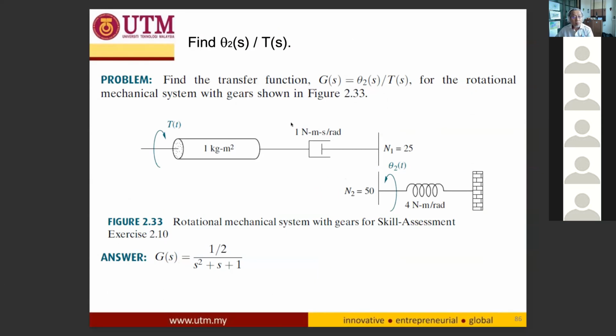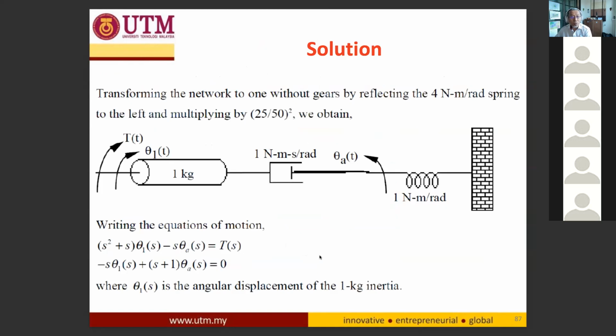There is one example here where you are required to find theta 2 over T for the rotational mechanical system. The answer is given as 0.5 over s squared plus s plus 1, and the solution is shown here. Transforming the network to one without gears by reflecting the 4 Newton meter per radian spring to the left and multiplying by the number of teeth, 25 over 50, N1 over N2, then squared, we obtain the equation of motion here.